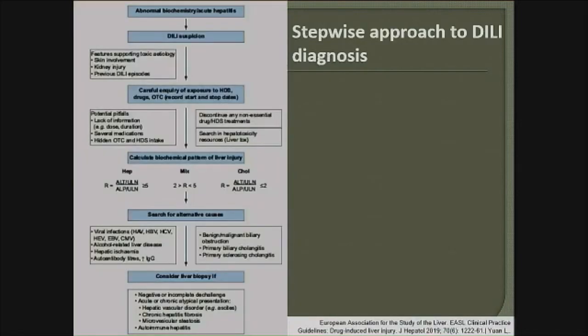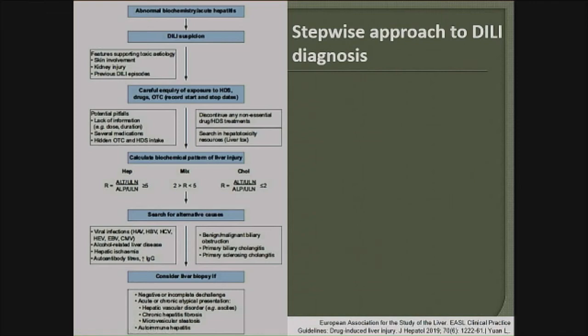So this is the stepwise approach to DILI diagnosis. If we find abnormal liver enzymes and we suspect DILI, we have to look for features that support the toxic etiology, for example, skin involvement, kidney injury, and a previous DILI episode.